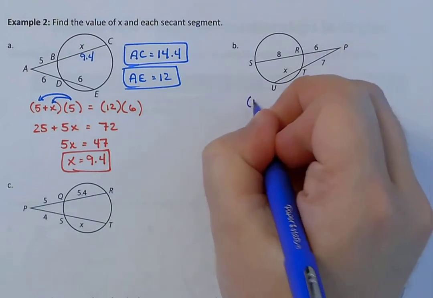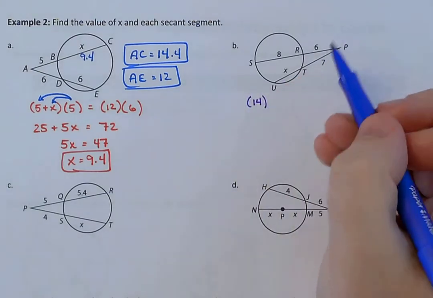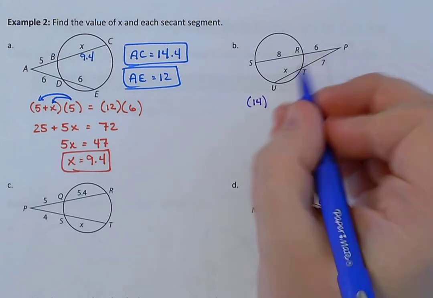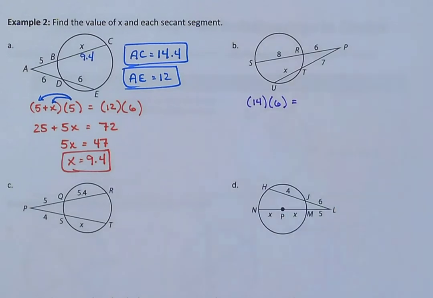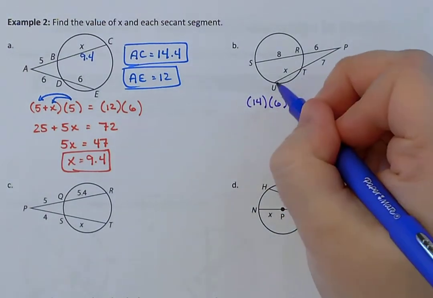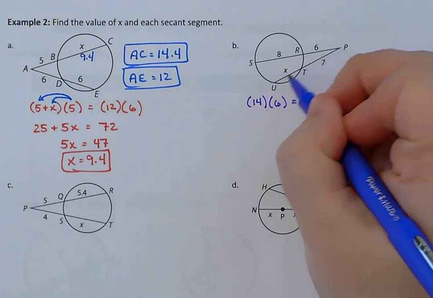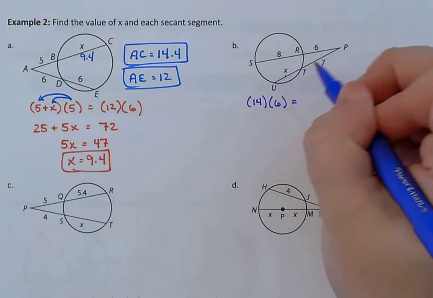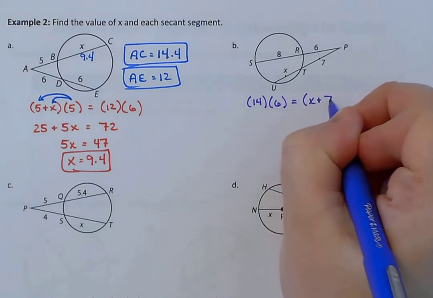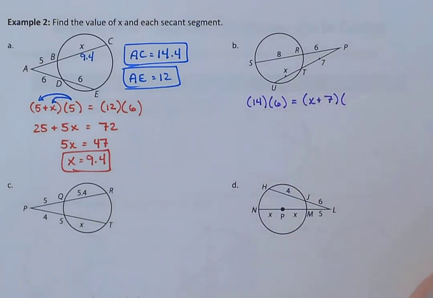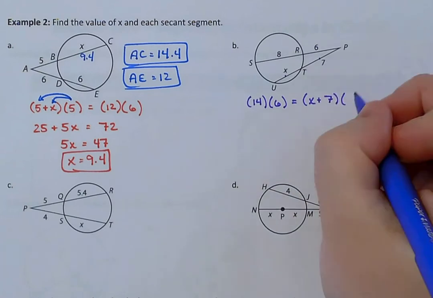So that's going to be 14 times its external part, which is 6. That equals this other secant, which is this whole thing here of UP, and that is x plus 7, times its external part, which is 7.